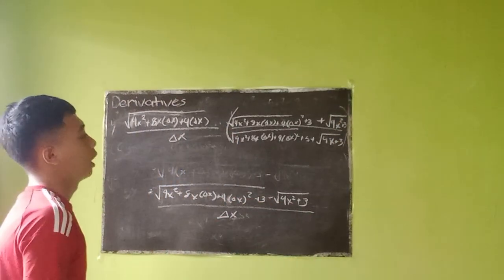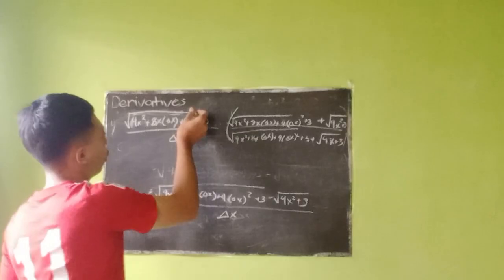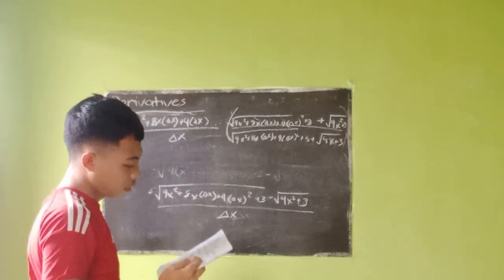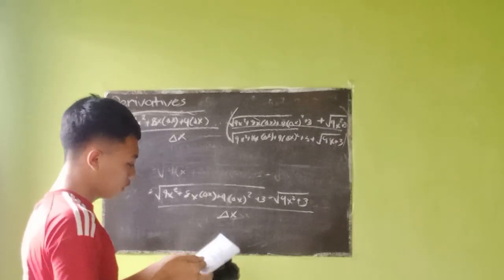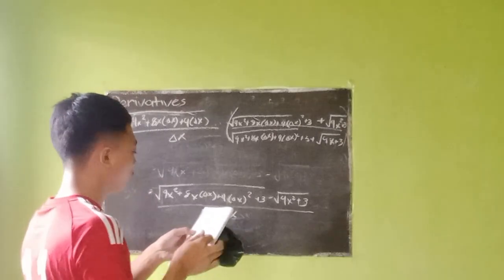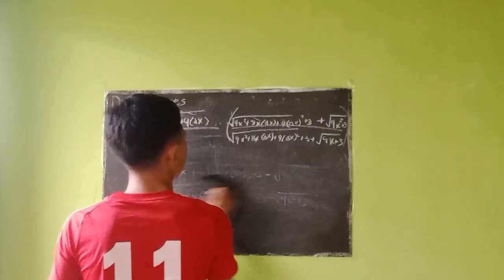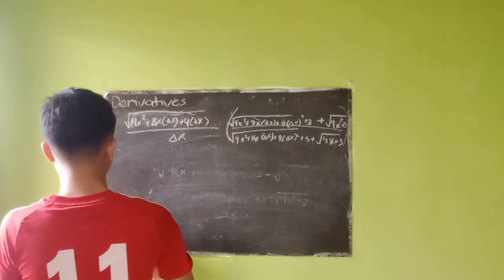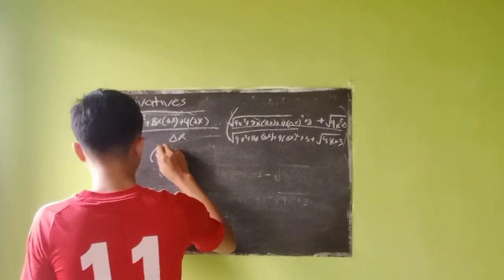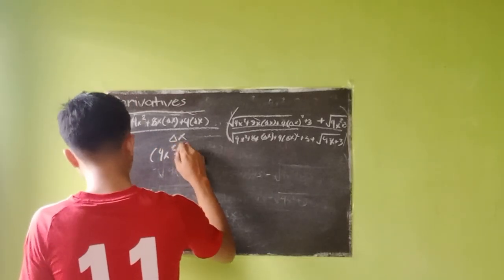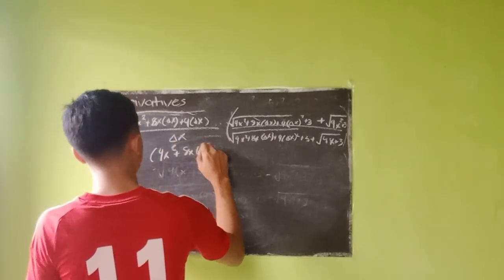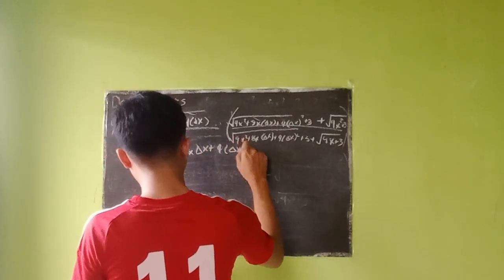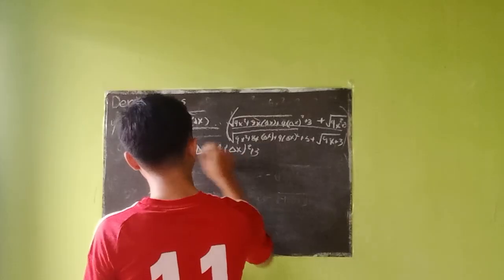By multiplying them with each other, they also lose the radical. So by doing that, we'll have 4x squared plus 8x delta x plus 4 delta x squared plus 3.